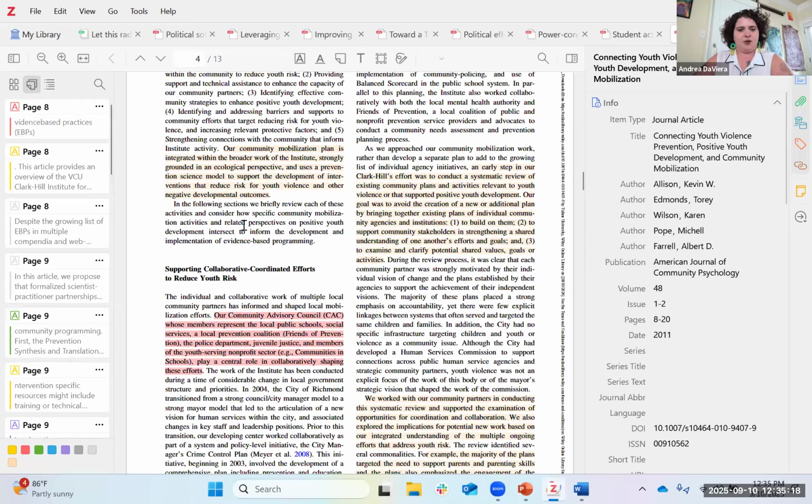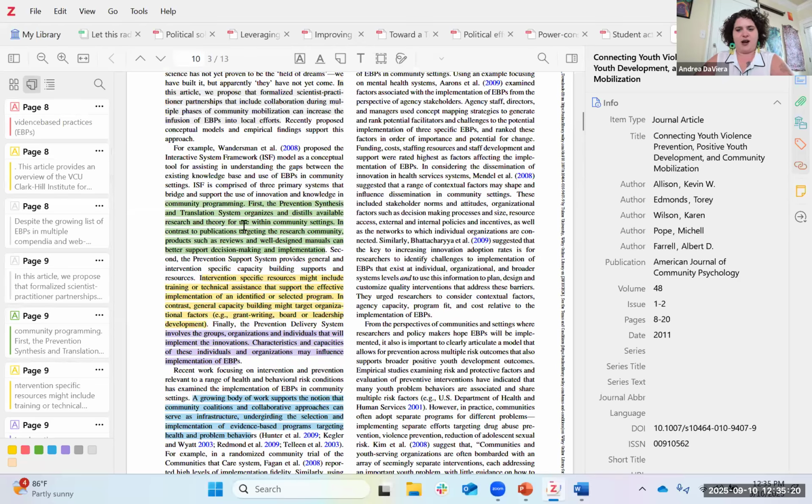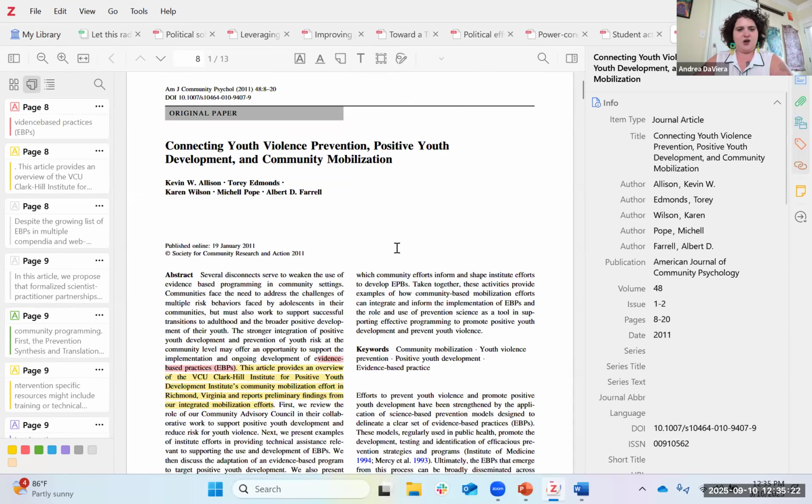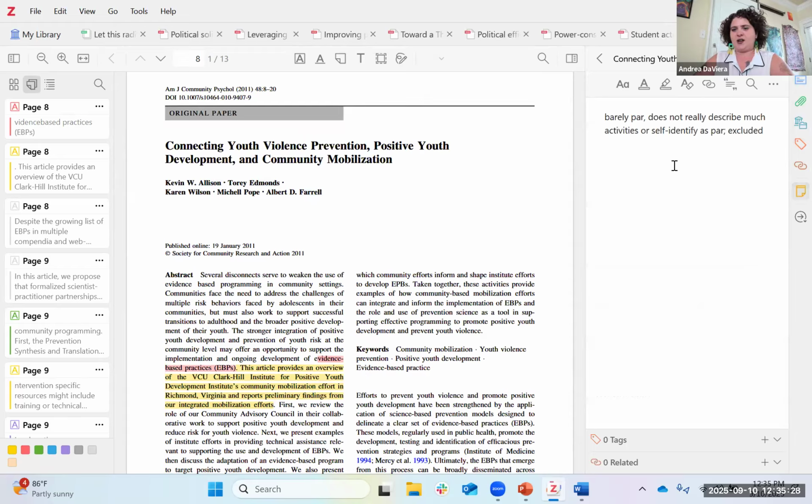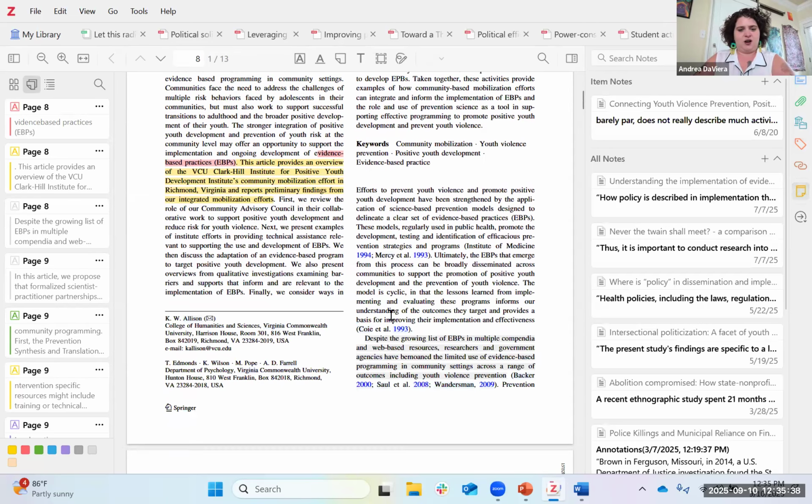You can see that it opens the PDF right there. I have all my highlights. I have my notes. I have over here, if I click right here, a note that I took, but I'm not making a lot of sense with that note. The important part is that you can add notes right into your reference manager.